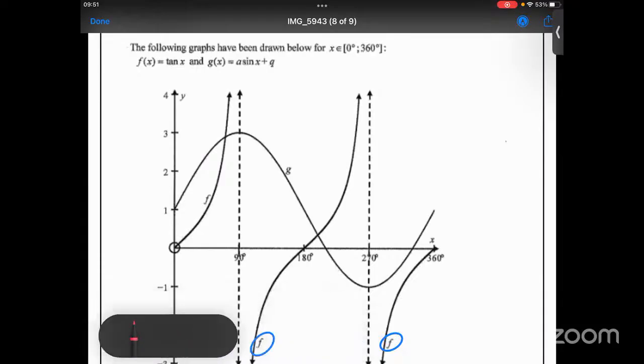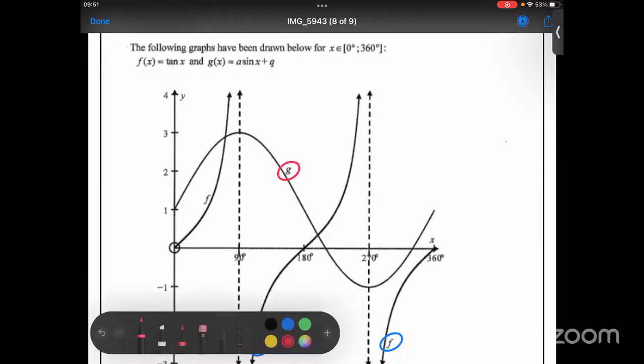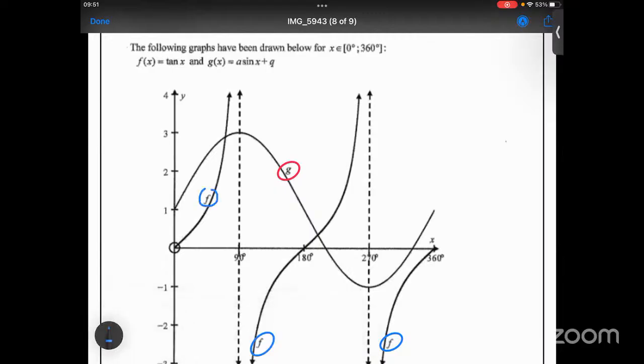Then for the function of g, you can see it is that one. It looks like they made an extra effort to make sure that all the lines that belong to f are labeled. I'm just saying, even if it was labeled at one line, you would know that those other lines are for the tan function. Okay, then it's fine.